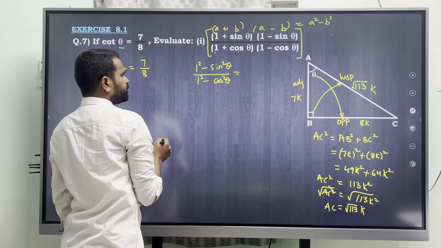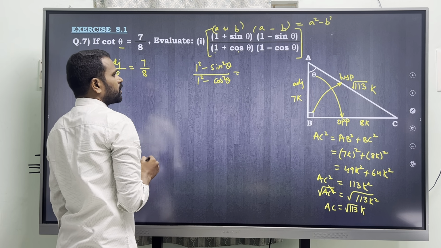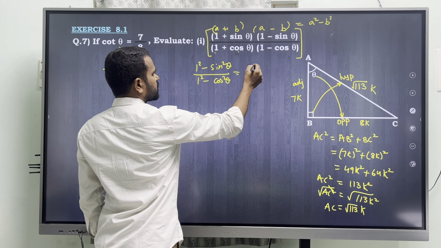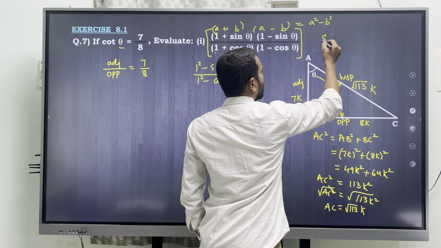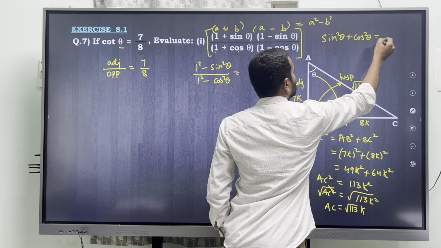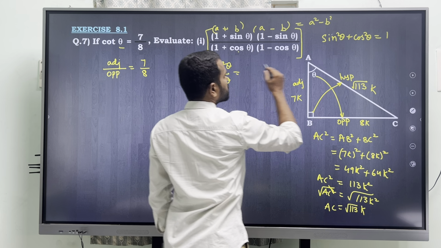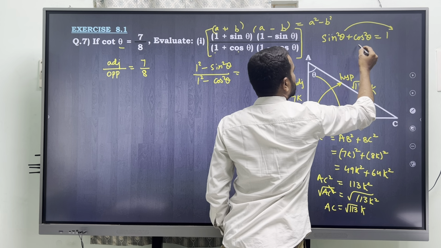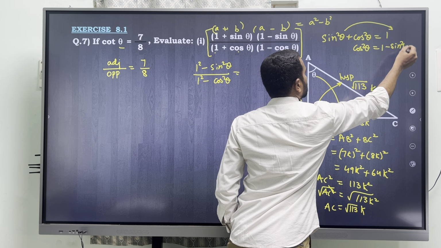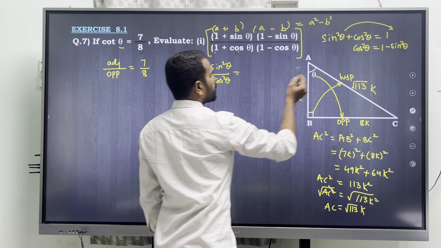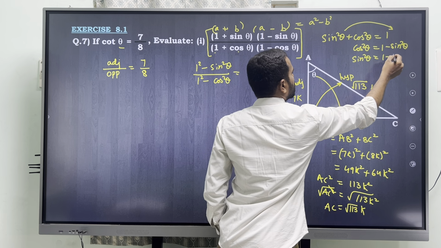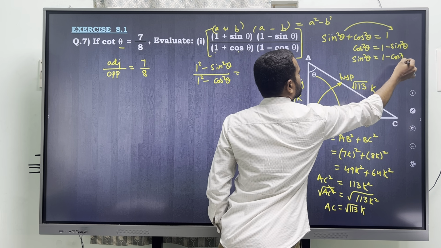So we know that 1 minus sin square theta is cos square theta, because we know the identity sin square theta plus cos square theta is equal to 1. If sin square theta goes to that side, cos square theta equals 1 minus sin square theta. Understand? Similarly, if you send cos square theta to the other side, it becomes 1 minus cos square theta equals sin square theta.